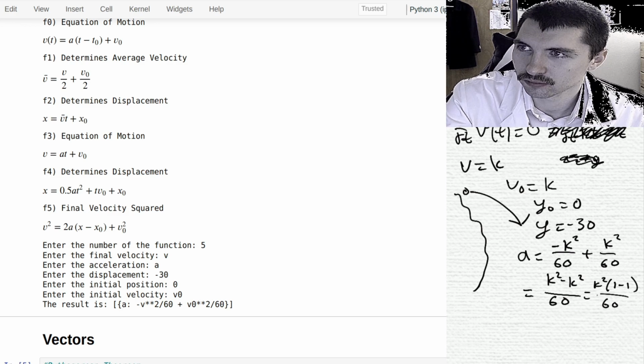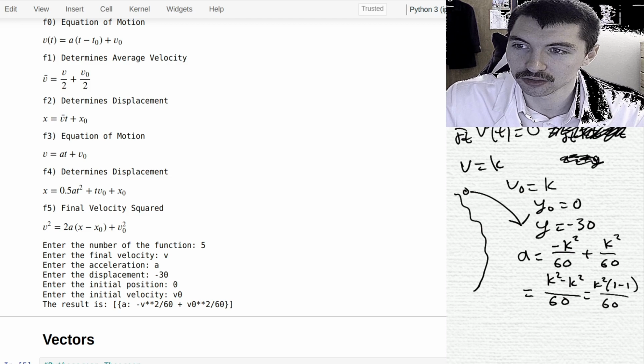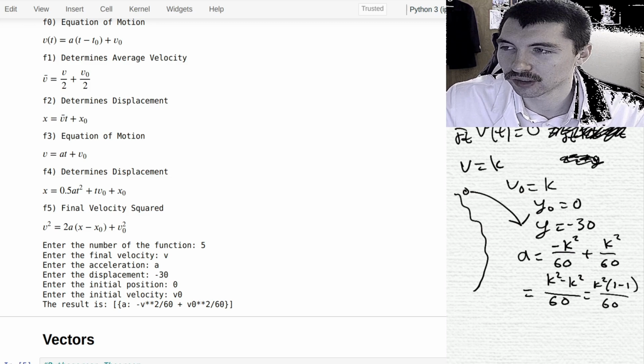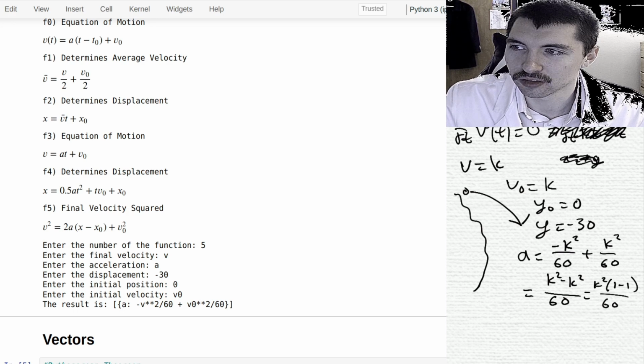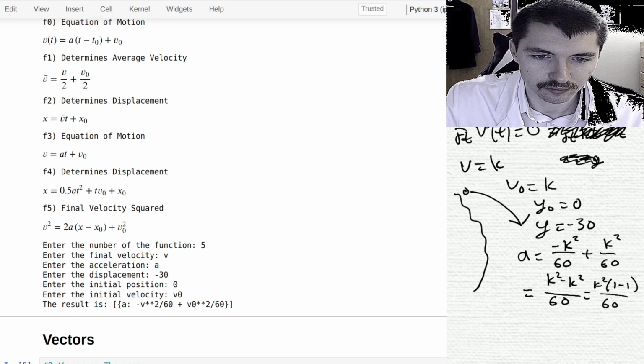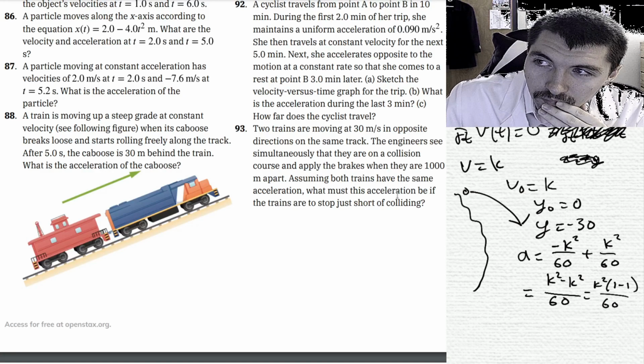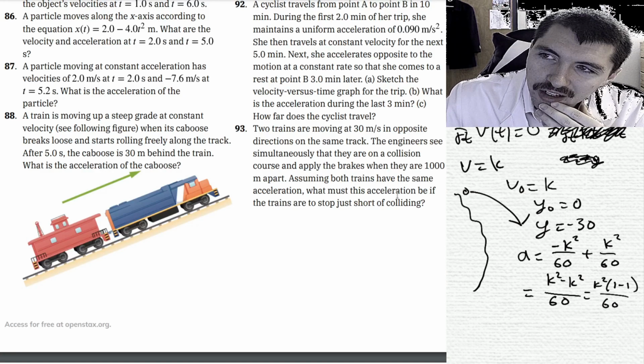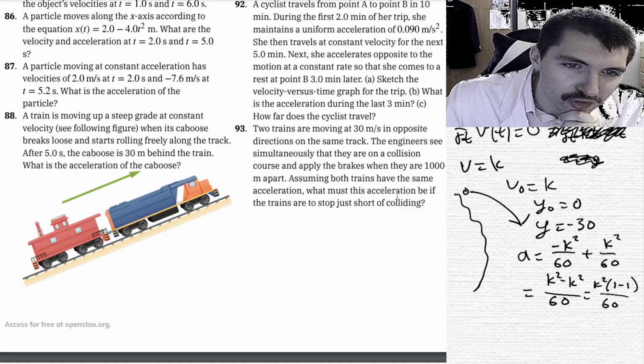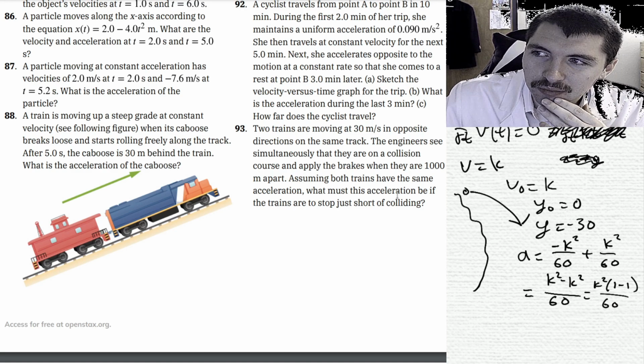Okay, so that's our acceleration, in terms of whatever k's velocity is. So what about the time? I feel like we should be using the time.